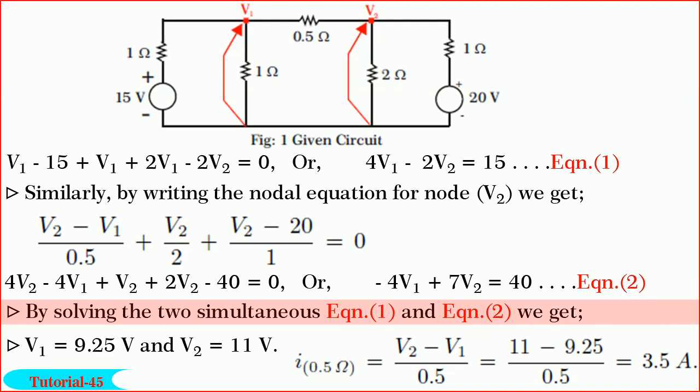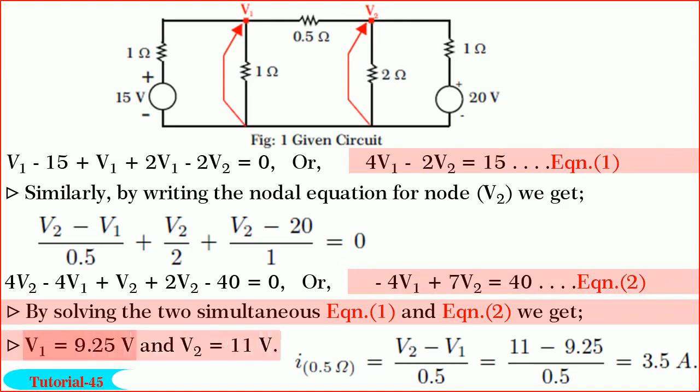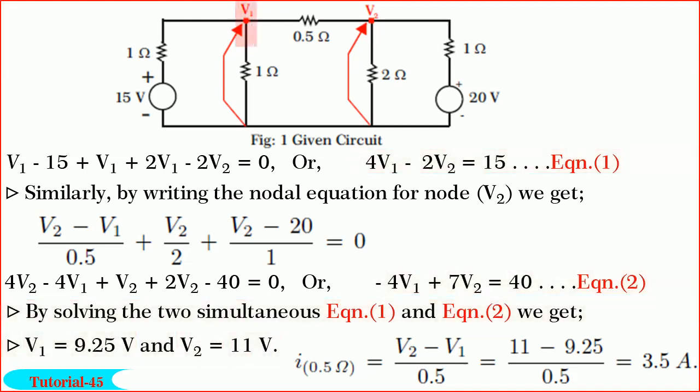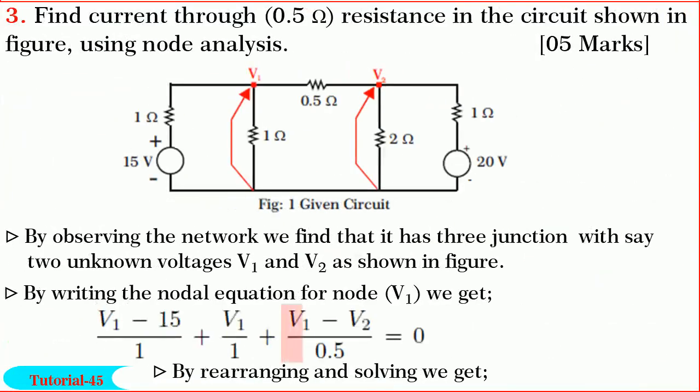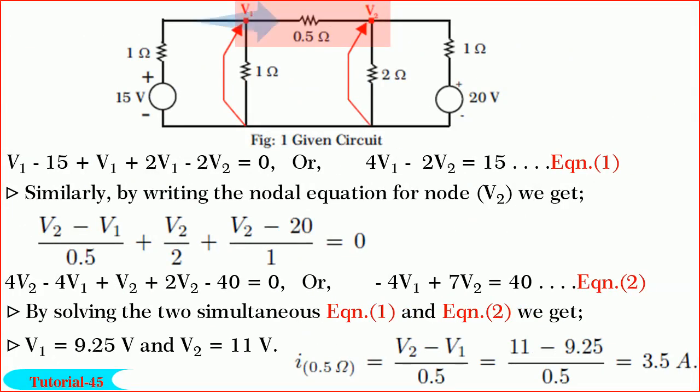By solving the two simultaneous equations 1 and 2, we get V1 is equal to 9.25 volts and V2 is equal to 11 volts. To find current in 0.5 ohm resistance, you have two equations, one in the equation for node V1 and another in the equation for node V2.